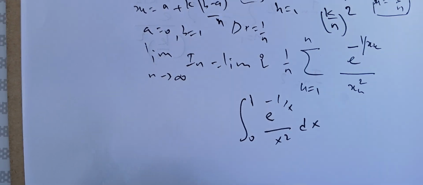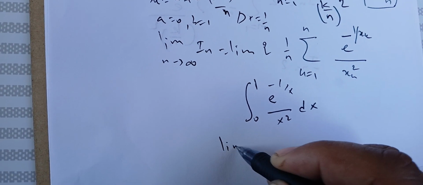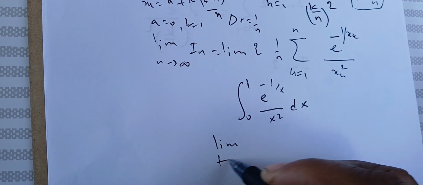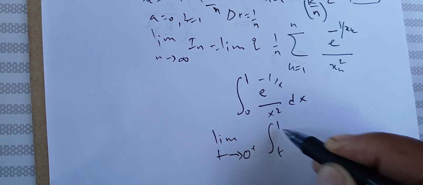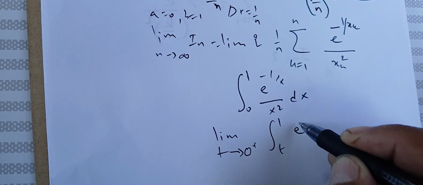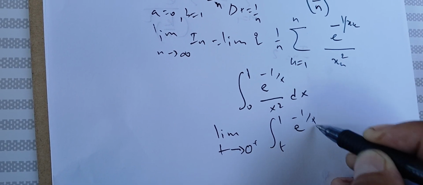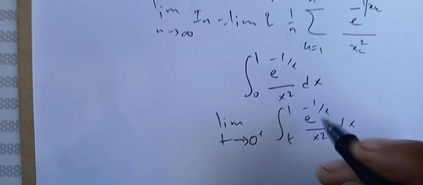But this is an improper integral. So to compute this one, I need to compute the limit as t goes to 0 plus of the integral between t and 1 of e^(-1/x) over x squared dx.